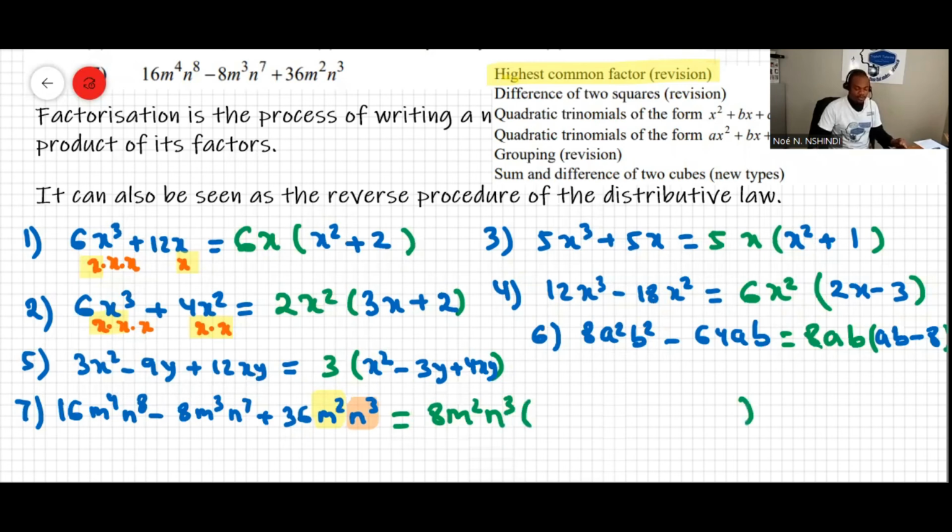There I write 2m squared n to the power 5 minus m to the power of 1, which is just m, and then n, because n to the power 3 is out, I write n to the power 4 plus.